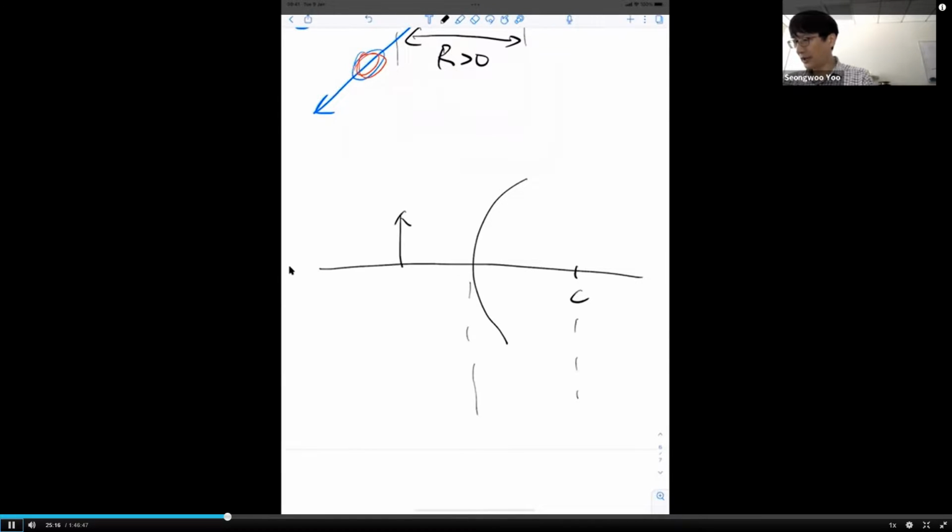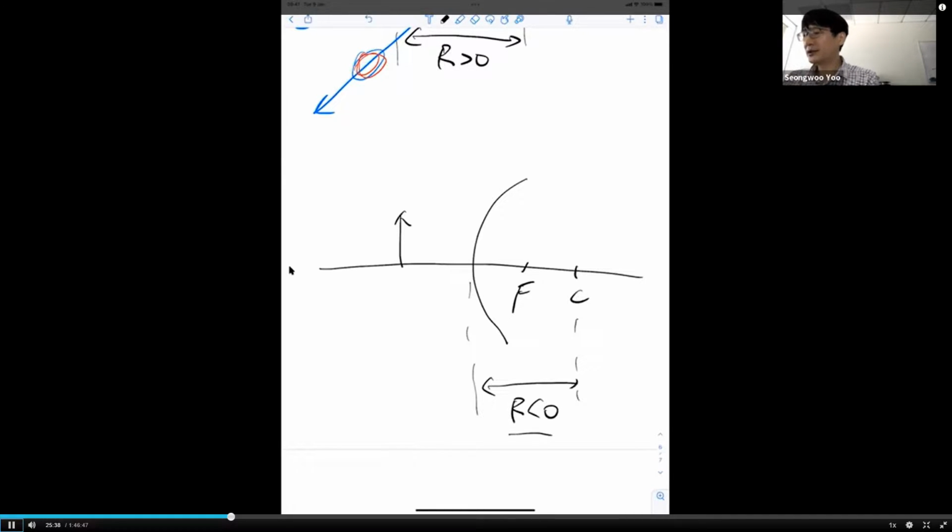From the sign convention, this radius of curvature is negative, because behind the mirror there is no physical value, therefore this radius must be negative. Now, its focal point is placed here, which is at half of the radius.